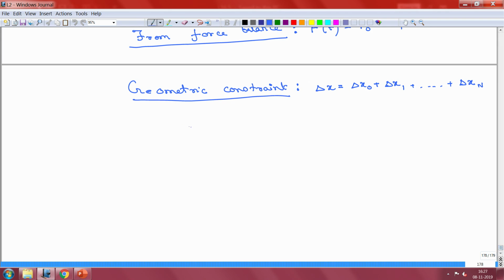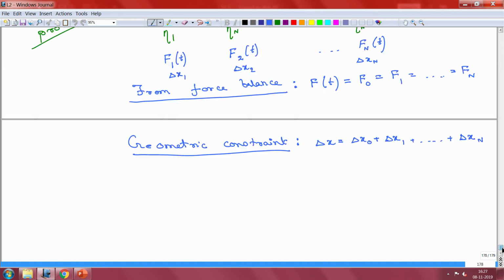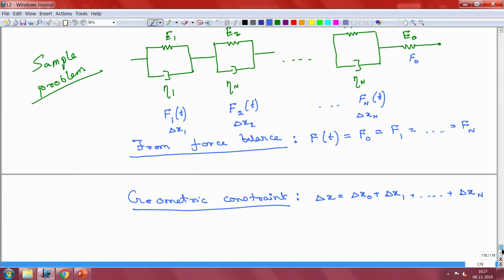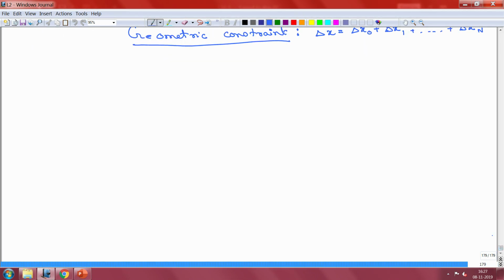Let us start, just to simplify our situation, with the spring, because this spring stands out. I will write the spring equation first. The equation of the spring is going to be F naught equal to E naught into delta x naught.